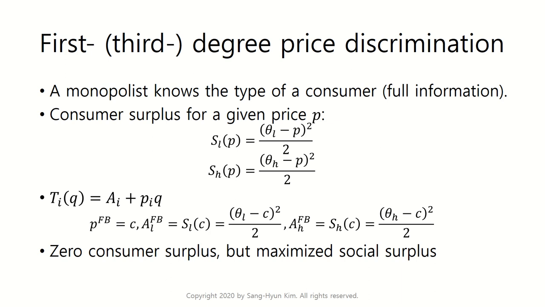That's the demand. For a given price C, the quantity demanded by the low type consumer must be theta L minus C.